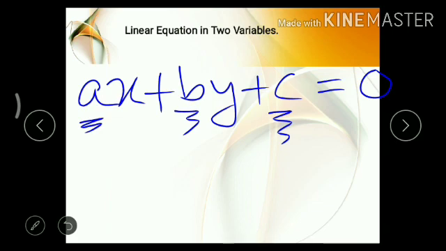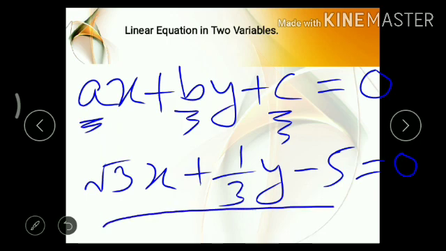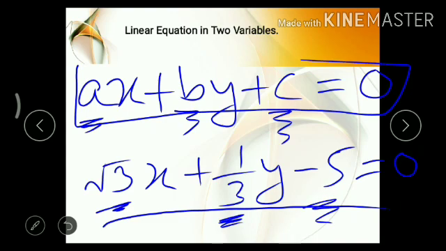For example, a can be any real number like root 3 x, b can be any real number like 1/3 y, and c can be any real number like -5 = 0. So this is a linear equation in two variables where a, b, c are root 3, 1/3, -5. So a, b, c can be any real number, and this is the general formula of a linear equation in two variables. So we shall be comparing this general formula here and there to find our answers.